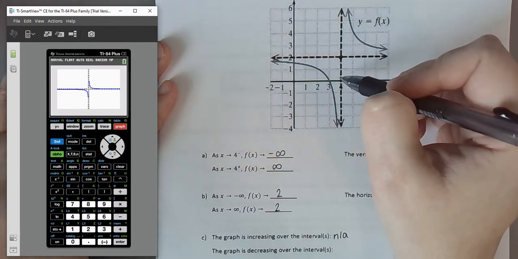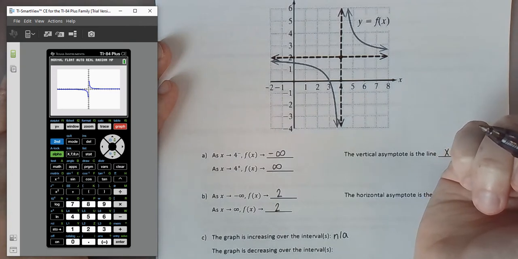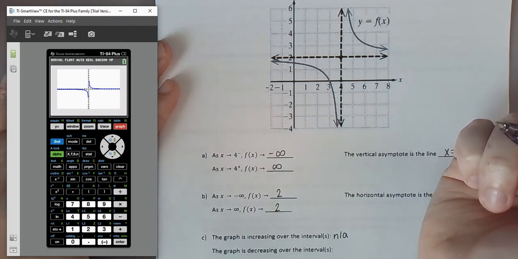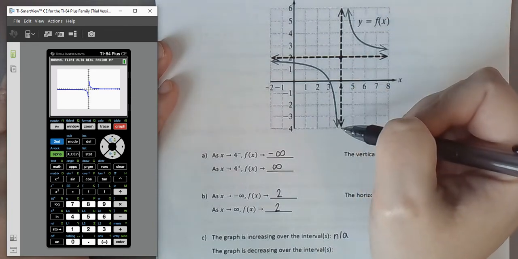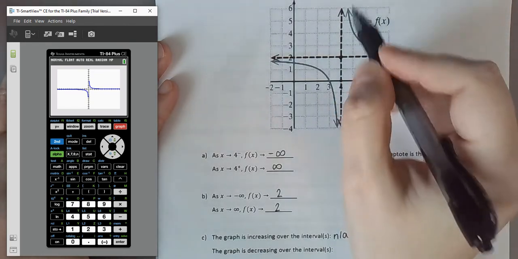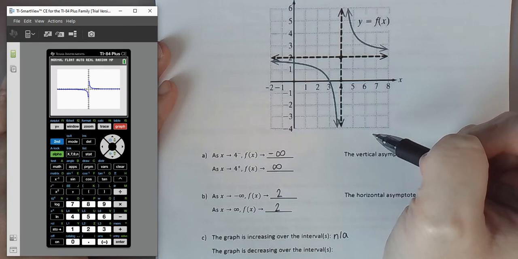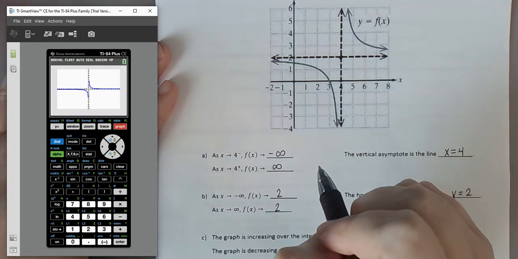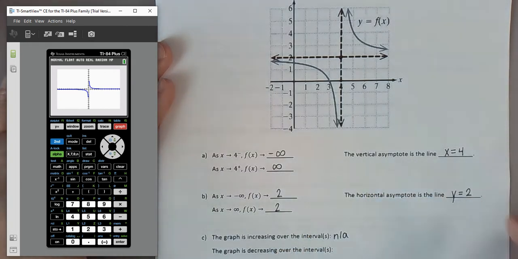What about 4 itself? Well, we can't actually say anything about 4 because there isn't really any graph there. Remember, this is an imaginary line. It's a boundary. There's graph to the left, there's graph to the right, but there at x equals 4, there isn't really anything. There's actually just a big hole. There's a big gap. So we can't actually classify anything we specifically see at 4 because there isn't technically anything there.